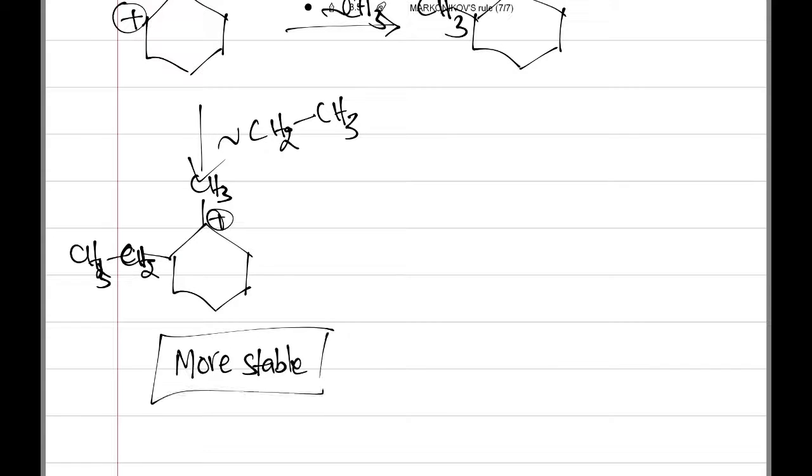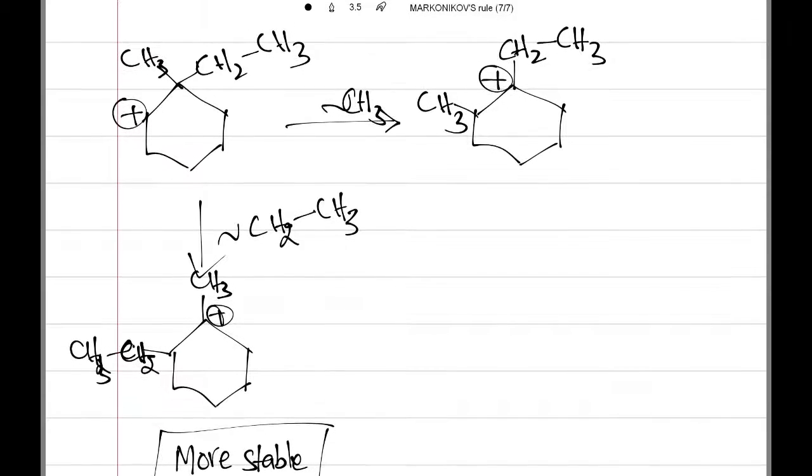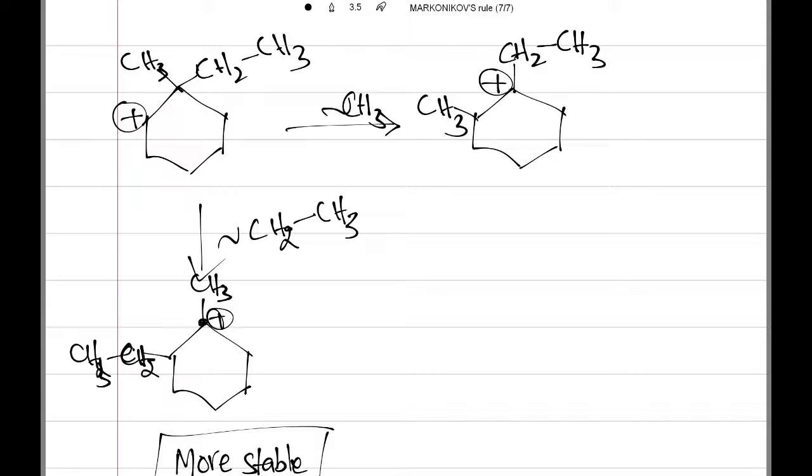What is the reason for this? As you observe, this carbon is adjacent to how many hydrogens? Here I am having one hydrogen, here 3 hydrogens, here 2 hydrogens. That means total 6 alpha hydrogens are present for this one. With respect to this structure I can get only 5 alpha hydrogens.